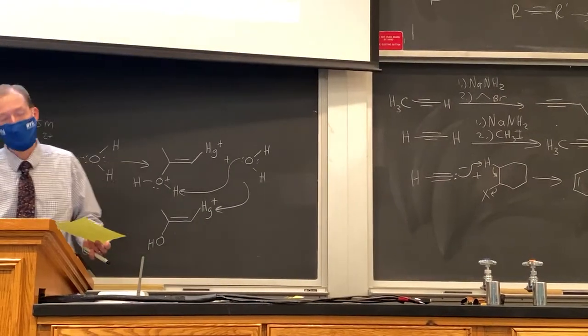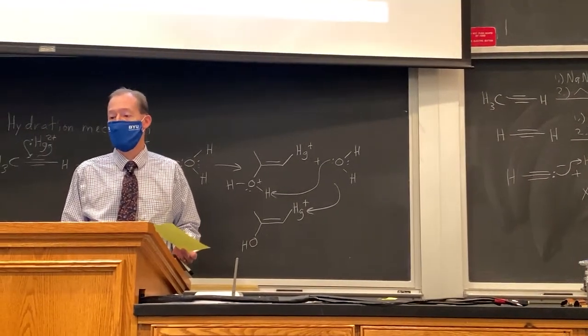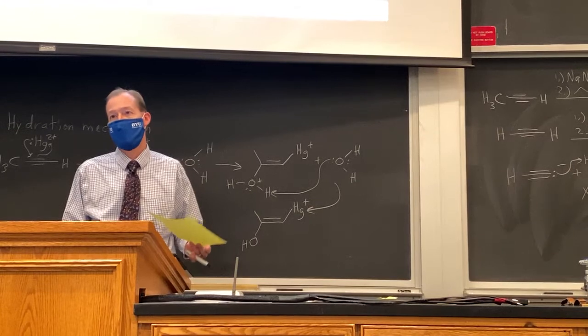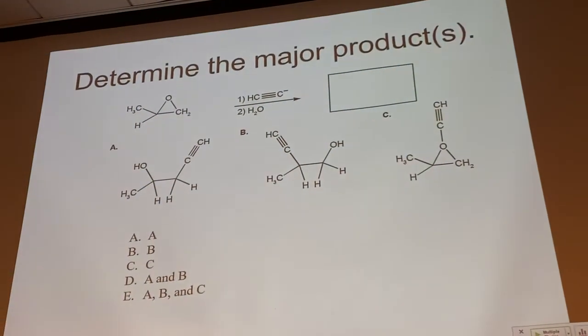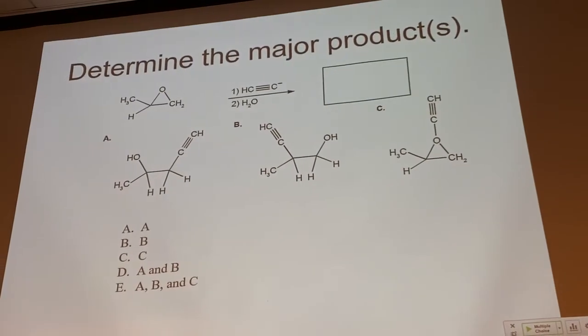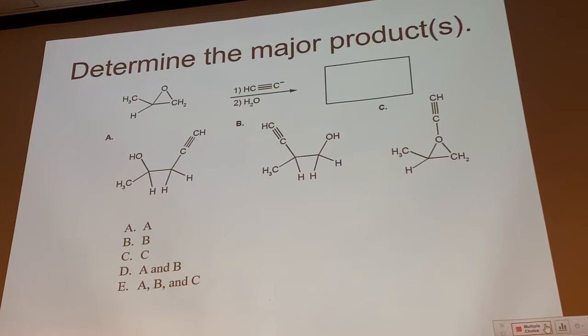And based on what you learned previously about ring openings of epoxides with strong nucleophiles, you should be able to look at this problem and determine the major product or products. So go ahead and get your clickers out. You can talk to your neighbors and determine the major product or products of the reaction shown here.